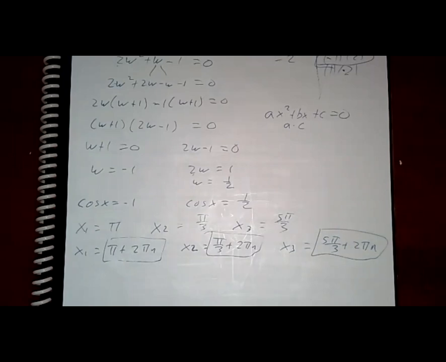Okay, so just keep in mind that you're solving for all angles until they tell you not to. It looks like 13 is the first one where they tell you, tell me for one period. So until then, they want you to tack on the 2 pi n or pi n, whatever it is.